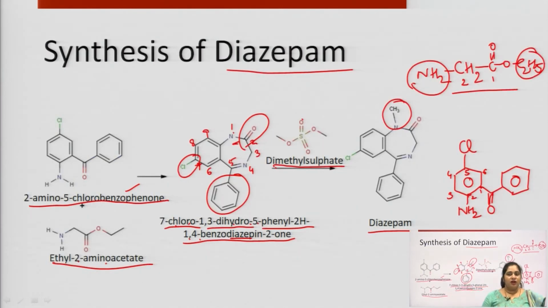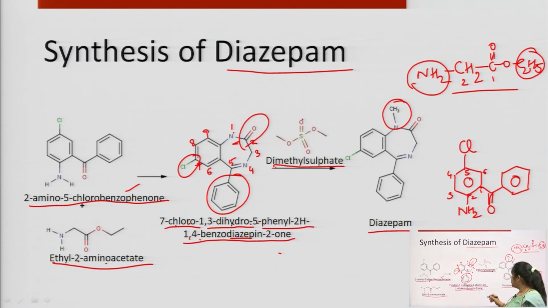Further, in the synthesis of diazepam, 2-amino-5-chlorobenzophenone is reacted with ethyl 2-amino acetate. When these two compounds react, that leads to the formation of 7-chloro-1,3-dihydro-5-phenyl-2H-1,4-benzodiazepine-2-one.